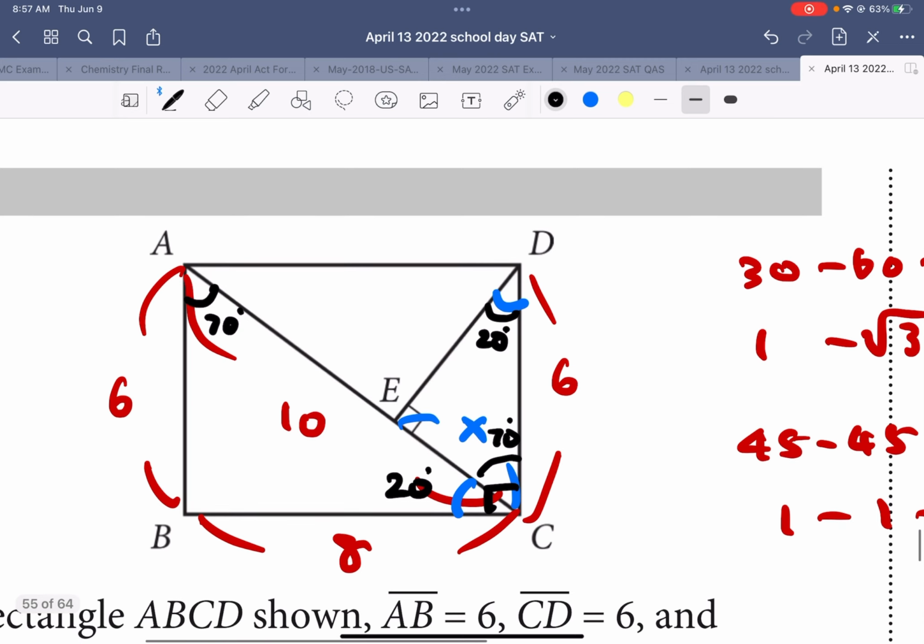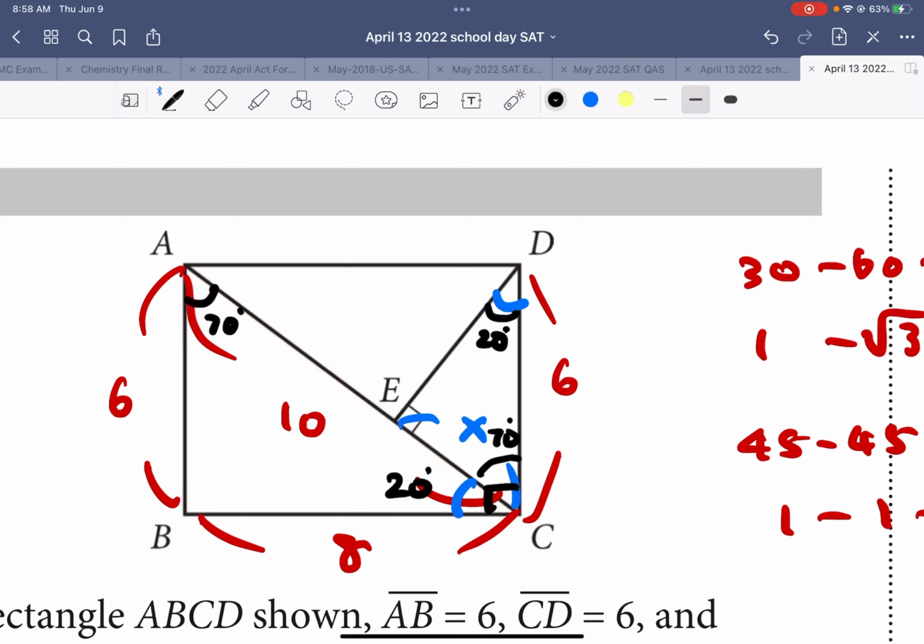So you're looking for the x value. So what I'm going to do is make a proportion. This side is between 70 and the right angle. So it's like this: 6 over x is the same as 10 over 6.